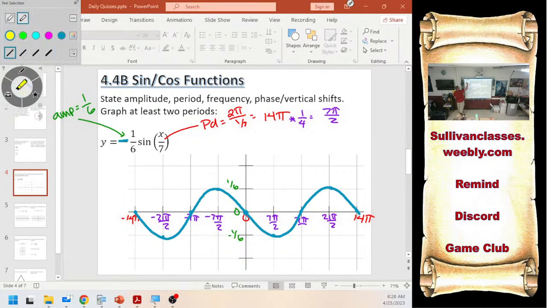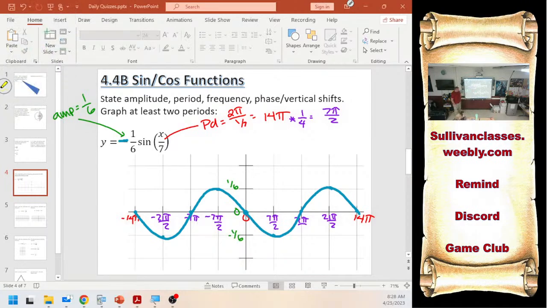So, the pieces of it are, did you get your vertical axis, meaning you labeled your amplitude? Did you get the period correct? Whatever the period was, even if you got it incorrect, did you then break up the rest of that axis correctly by quarters?